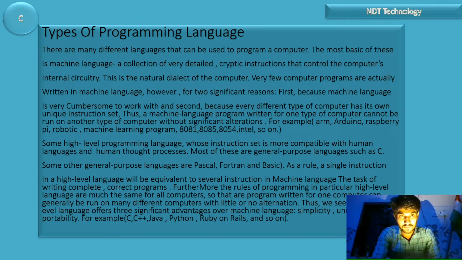So here there are many different languages that can be used to program a computer. Alright, many languages. But the most basic of these is machine language. As I already discussed in my last couple of videos, what is machine code, what is binary. So it is all about zeros and ones.